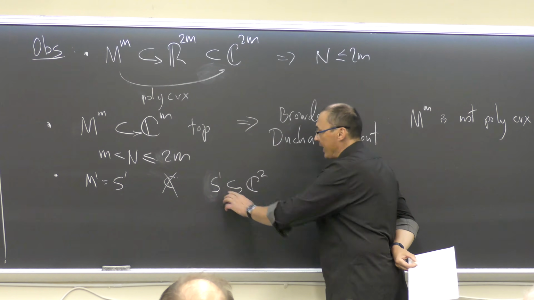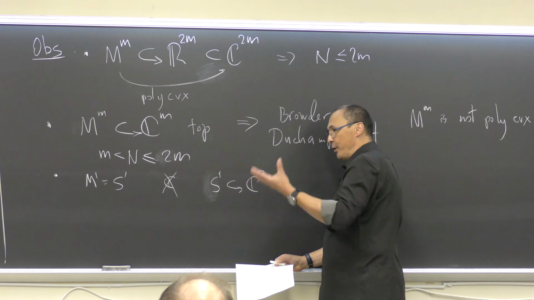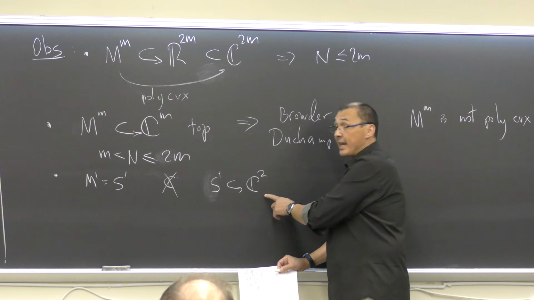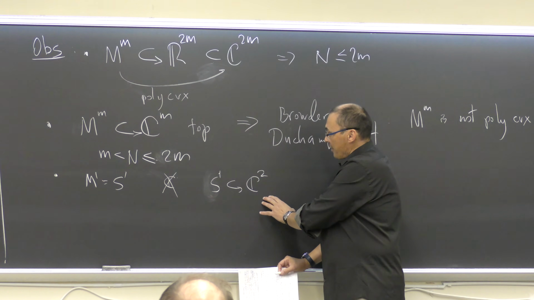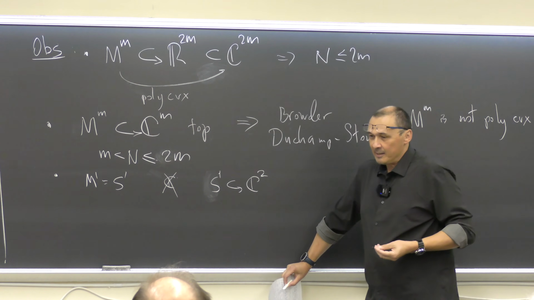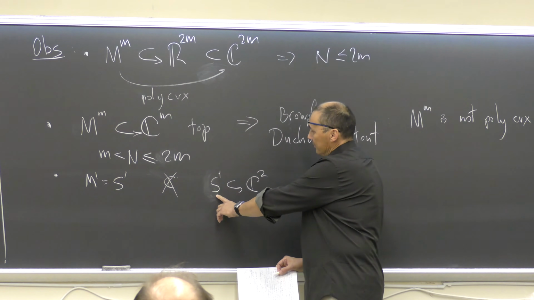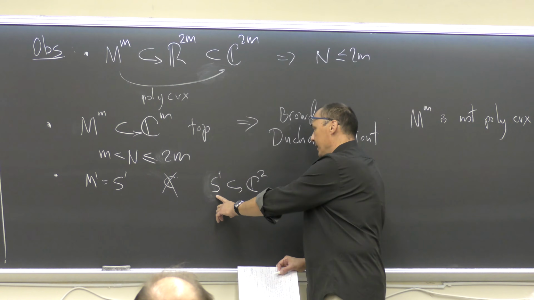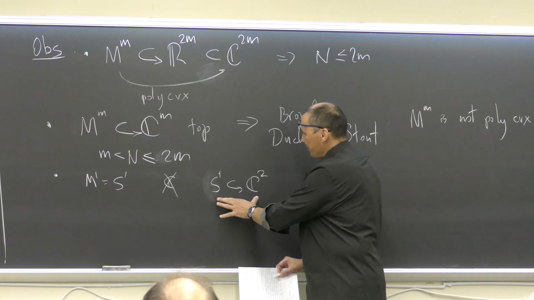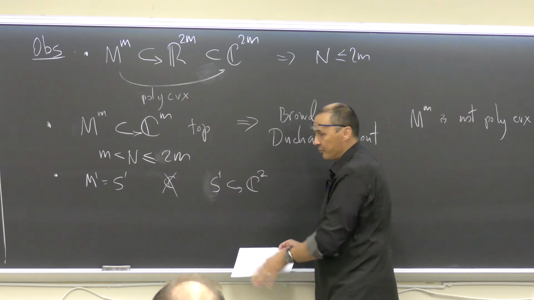This is the case which is most well known, most studied, that if you have a curve, this is what Eric was mentioning, a rectifiable curve in Cn for n bigger than 1, then there is a dichotomy. Either the curve is polynomially convex, or its hull is a one-dimensional complex variety that S1 bounds. But a generic S1 in C2 will be polynomially convex.